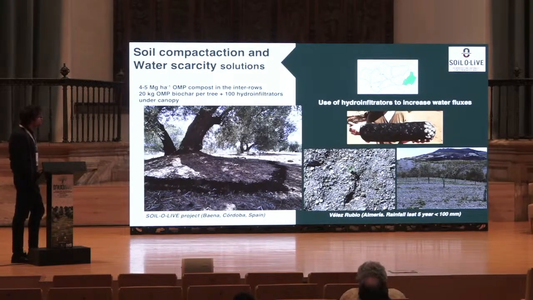This is for our experimental site. For example, for the Almería, Vélez Rubio experimental site, it seems a vital, essential question, because they have scarce rainfall in the last 10 years, an average of about 100 millimeters. So they have a critical problem of drought.